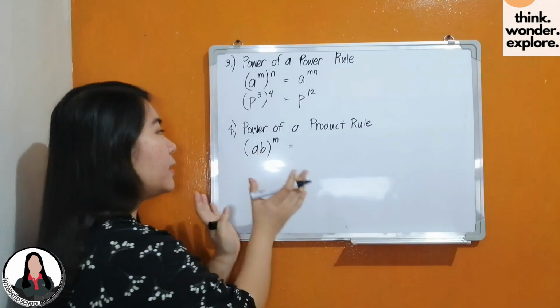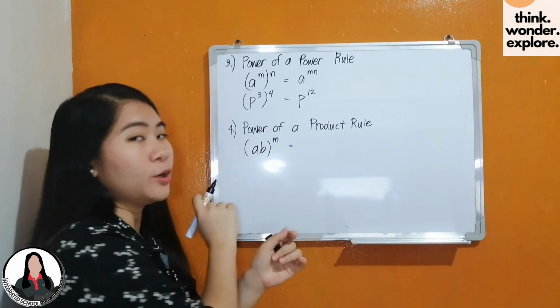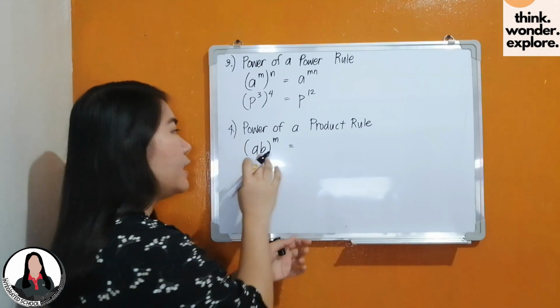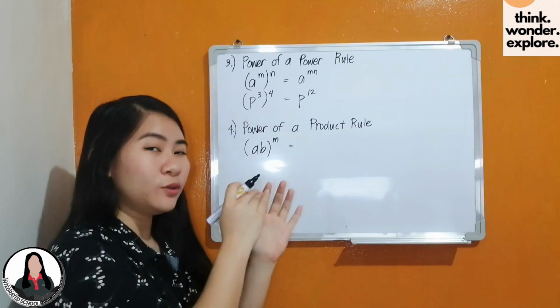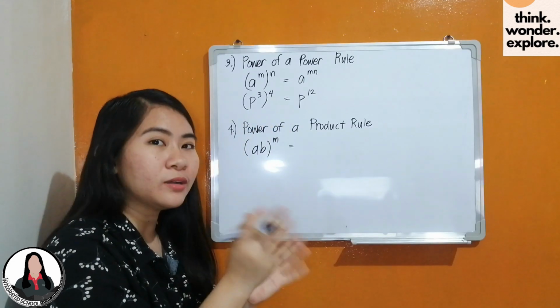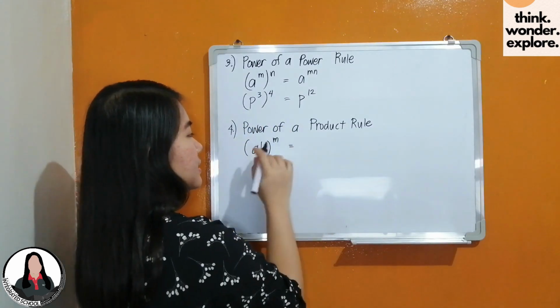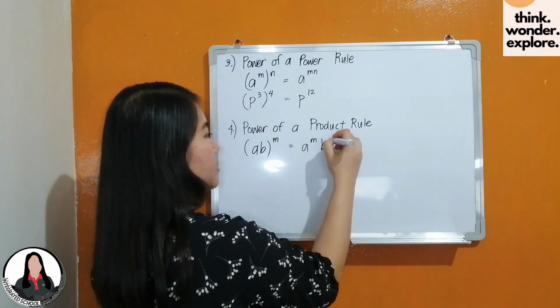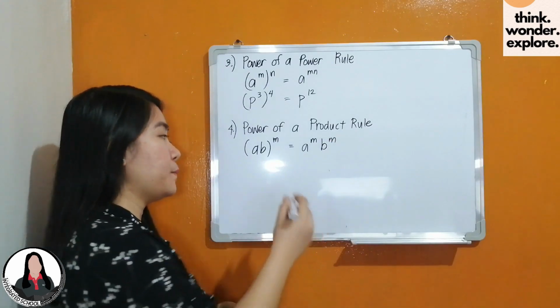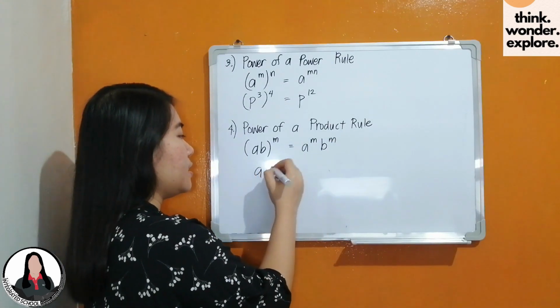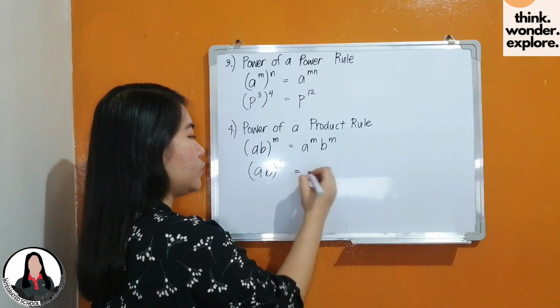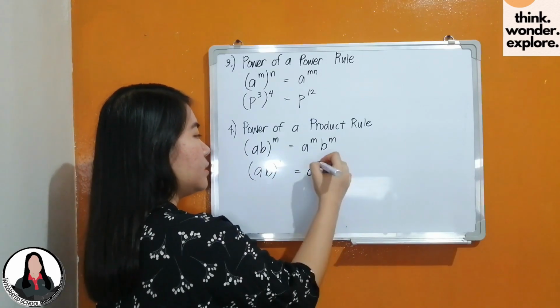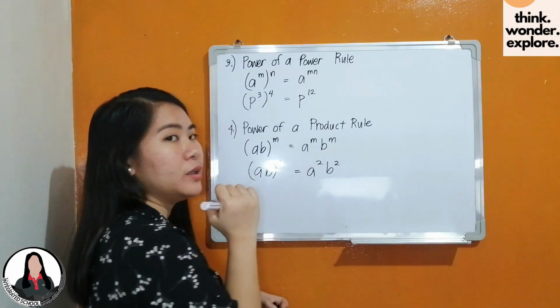At kung mayroon namang dalawang factor sa isang term, just like this one, ab, kailangan nating i-distribute ang exponent sa bawat factor ng term, which will give us a raised to m, b raised to m. So for example, we have a, b raised to 2. So this will give us a squared, b squared.